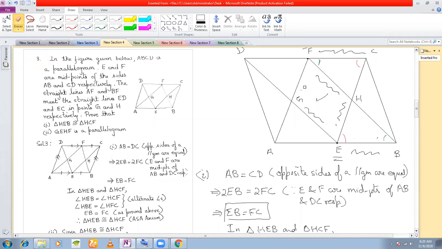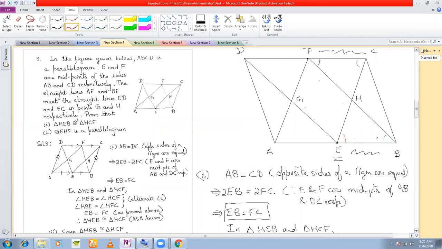But how to prove that opposite sides are parallel? Look at this very carefully. How to prove that opposite sides are parallel? SAS? Where does SAS suddenly come from? SAS, ASA, everything is over. Okay.